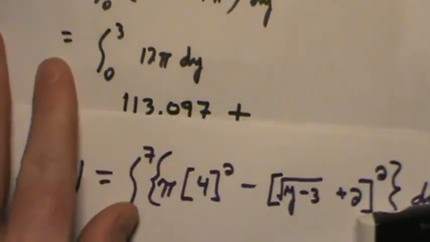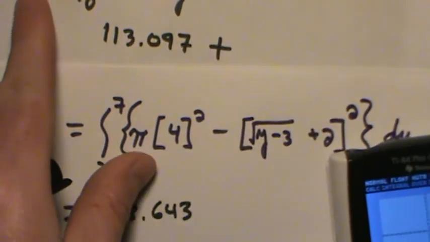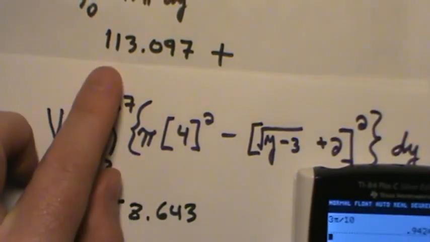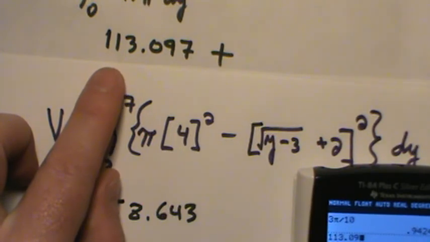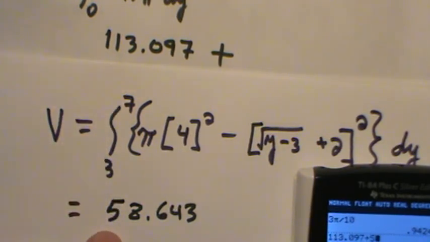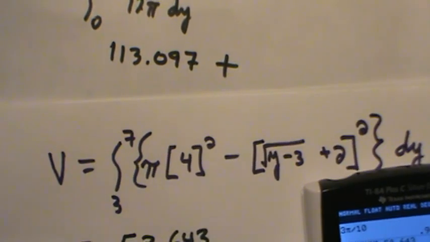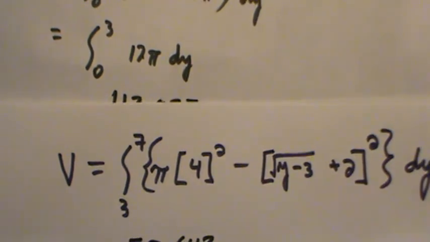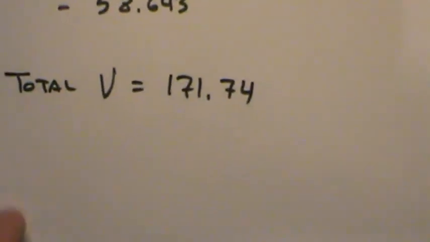And so I'm going to take those two answers and add those together. So I'll go 113.097 plus 58.643. And I get a total volume of 171.74 units cubed.